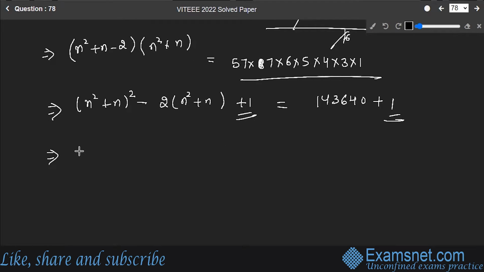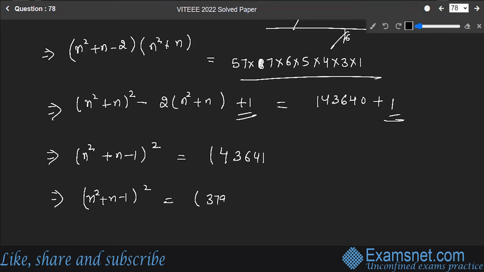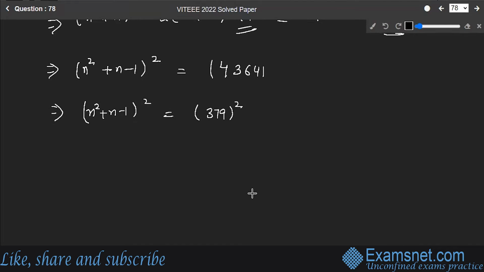So now this will be n square plus n minus 1 whole square is equal to 143,641, or that's equal to 379 whole square, which will give you n square plus n minus 1 is equal to 379.